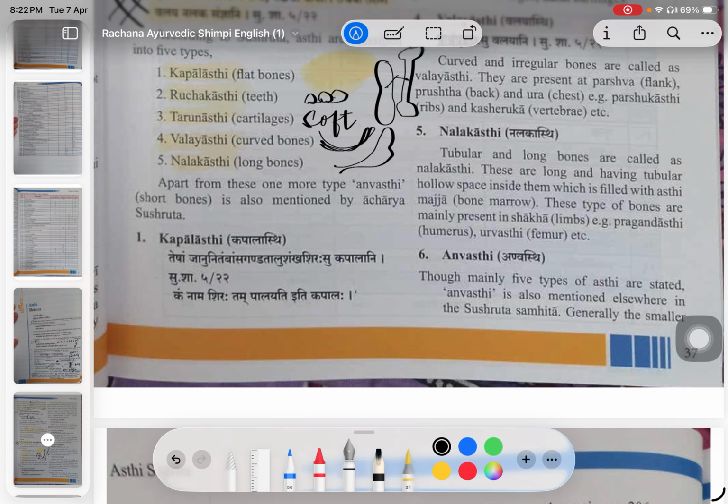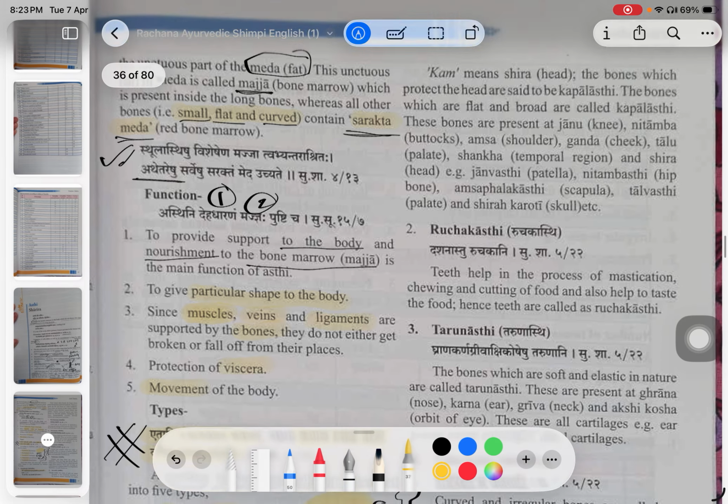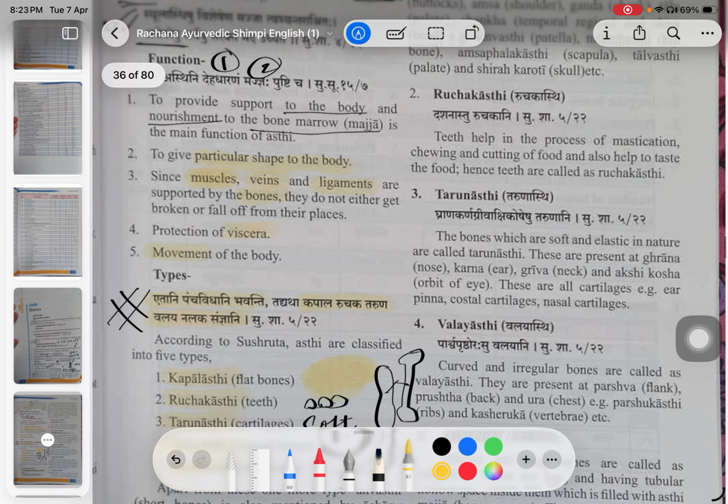Kapalasthi. Tesham Janu Nitamb Ans Gand Talu Shankh Shirahsu Kapalani also needs to be learned. It is from Sushrut Sharir, chapter 5. Then we have Ruchakasthi.